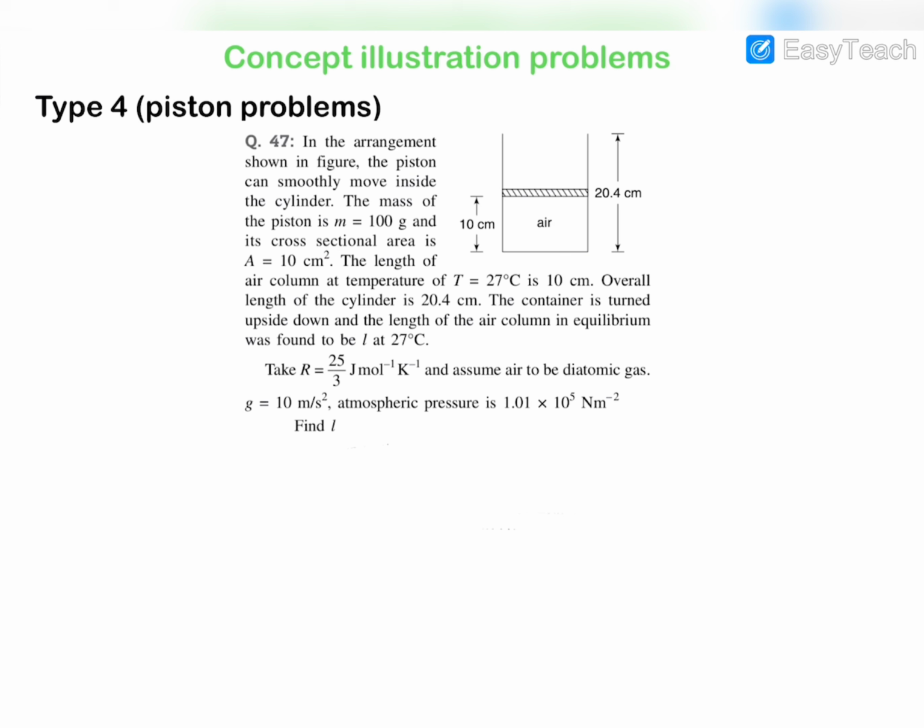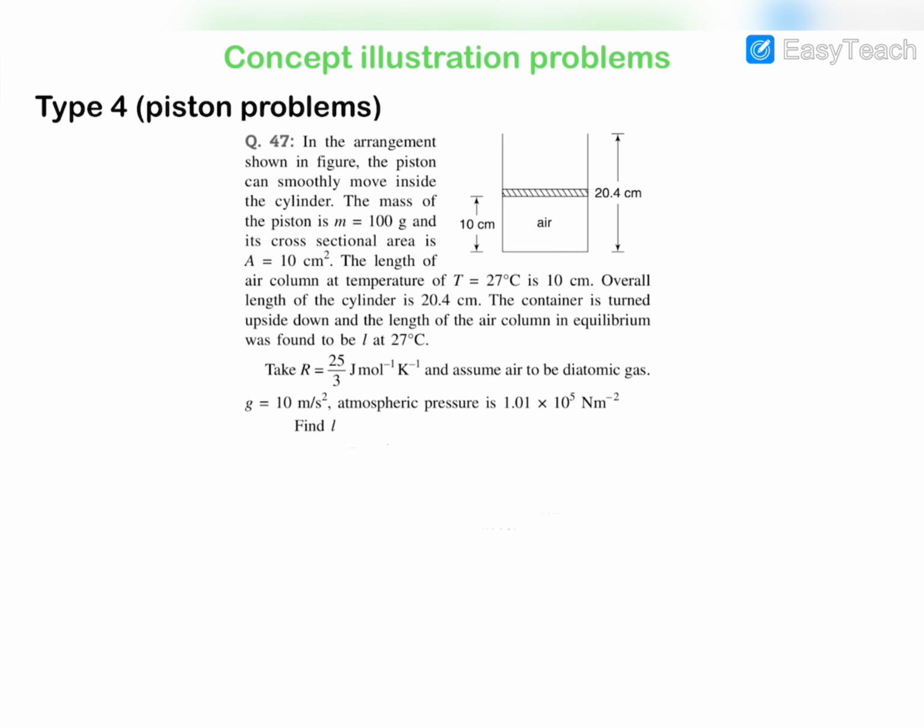Now the temperature of the air initially was 27 degrees Celsius, and the overall length of the cylinder is 20.4 centimeters. Now this container is turned upside down, and the length of the air column now becomes L, temperature remaining the same.